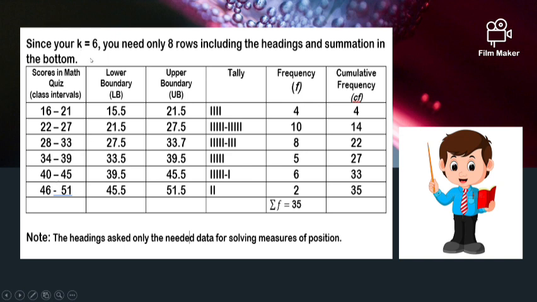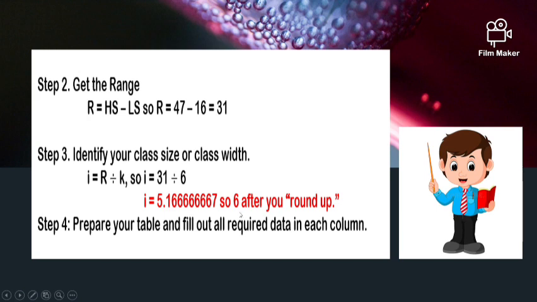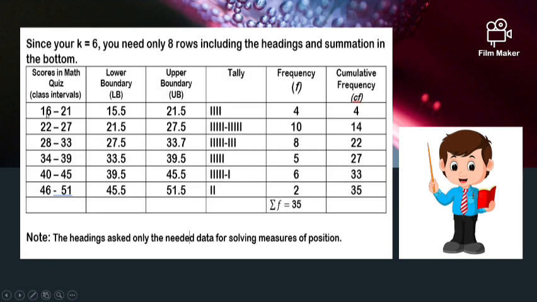That's one proof that it's really true. And your class size or I is 6 also. As you can see, your I is 6. So therefore, you can now write your lower limits.